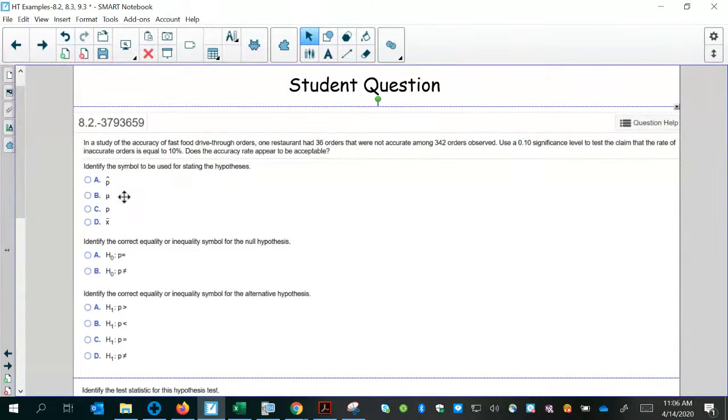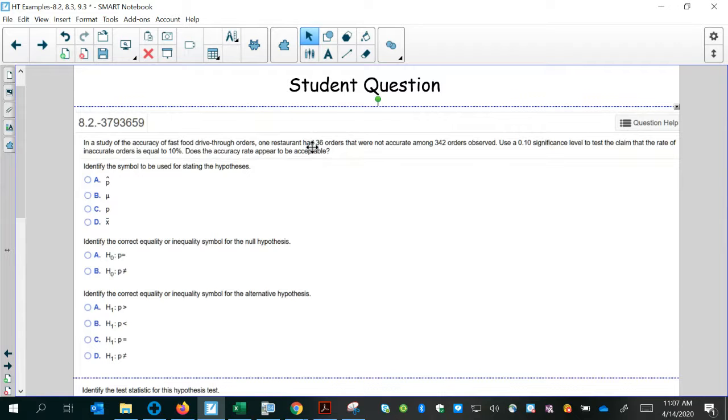So I'm looking for a population parameter symbol, either a population proportion, which would be P, or a population mean, which would be mu. So I just need to consider the question we're looking at and determine whether this is a population proportion question or a population mean question.